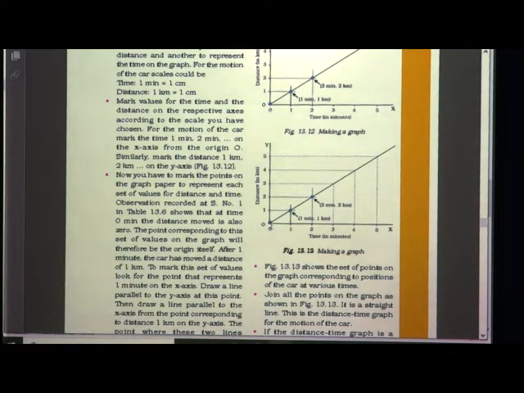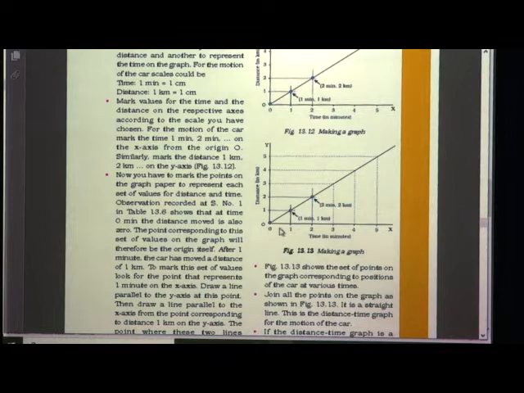So your first point from table 13.6 will come at the origin, O. Here a blue point is shown at the origin. It means it is the initial step, the first reading, at 0 minutes.